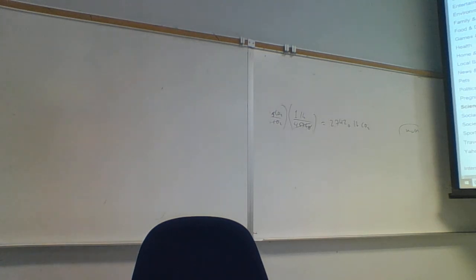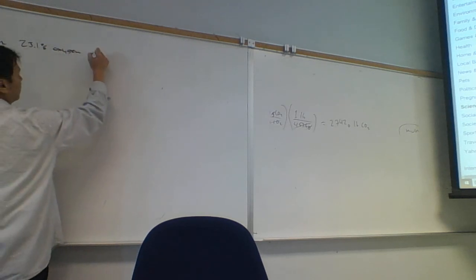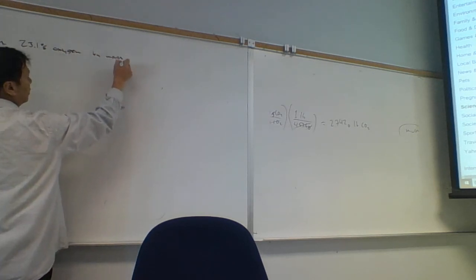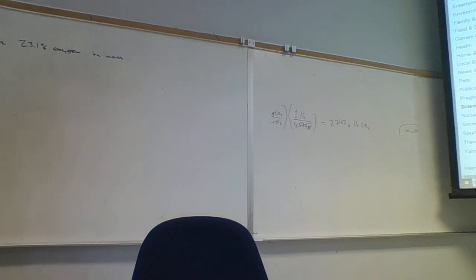And so we're just going to do this. In the next example, we're going to assume air contains 23.1% oxygen by mass. I said it contains 20% oxygen, but 20% oxygen is for mole or volume or pressure. So we assume air contains 23.1% oxygen by mass.